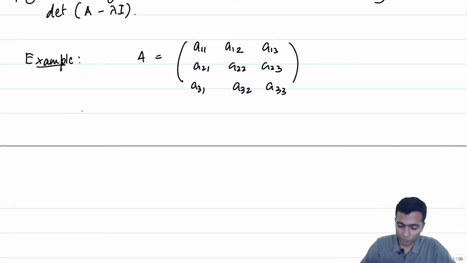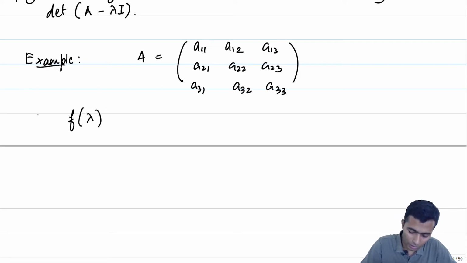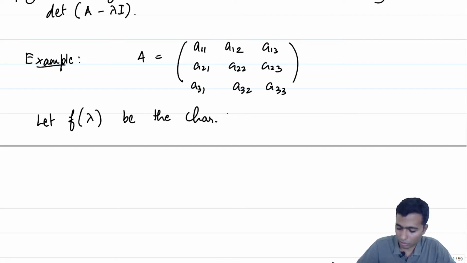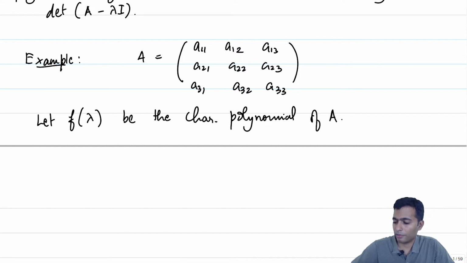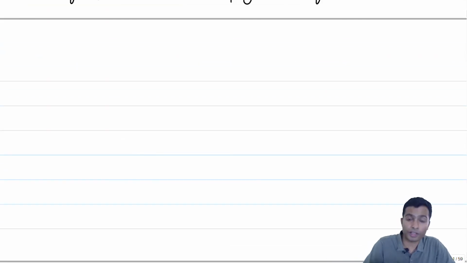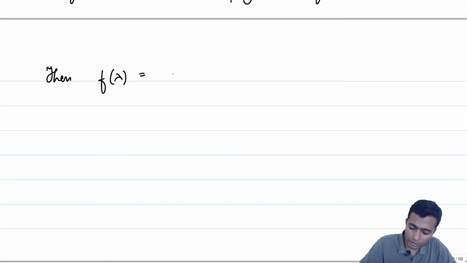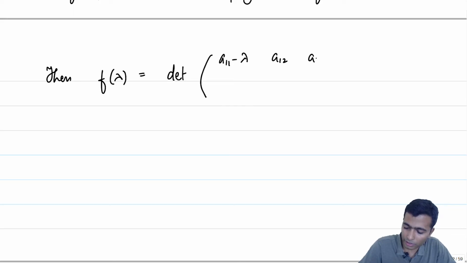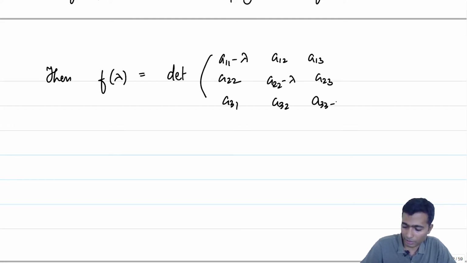Let f of lambda be the characteristic polynomial of A. Then f of lambda is just the determinant of the matrix with entries A11 minus lambda, A12, A13, A21, A22 minus lambda, A23, A31, A32, A33 minus lambda.